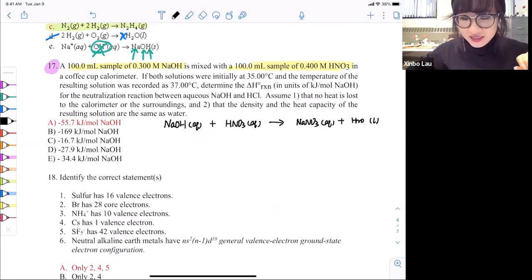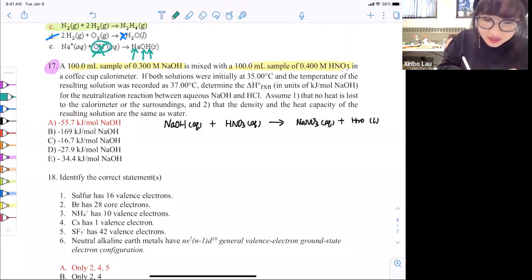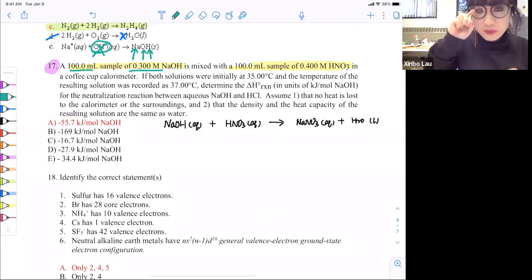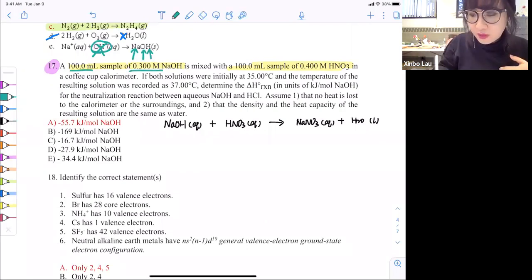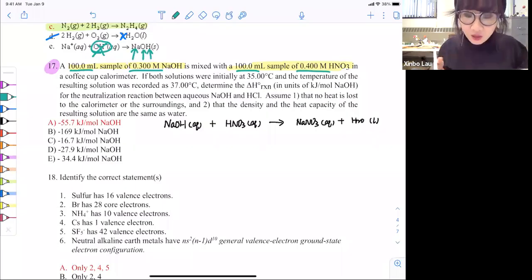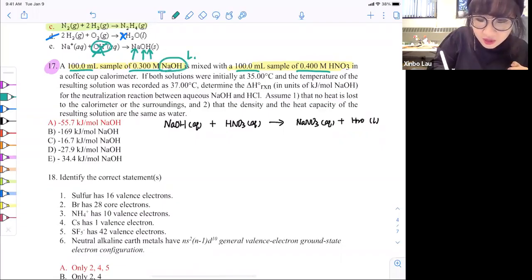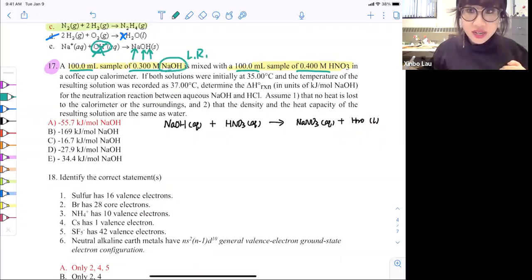In this case, we quickly recognize that this one has 100 multiplied by 0.3, which gives you moles, and this one is 100 multiplied by 0.4. It is still a 1:1 ratio, so you know what our limiting reagent is. Sodium hydroxide is our limiting reagent, and the nitric acid will be left over. So when you do the calculation, it should be based on sodium hydroxide because that's our limiting reagent.